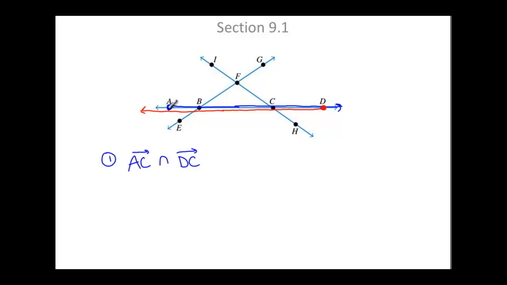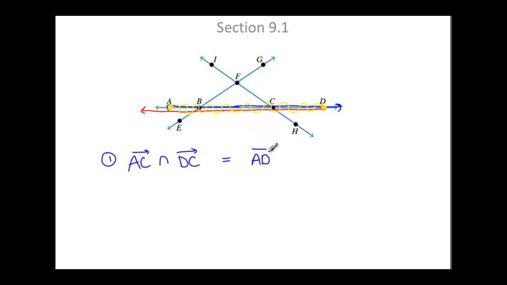Beginning with A, both rays have point A included. So it would begin with point A, and then every point until we get to point D, which also would be included. And what we have as a result is a line segment beginning at point A and ending at point D. So the intersection would be line segment AD.